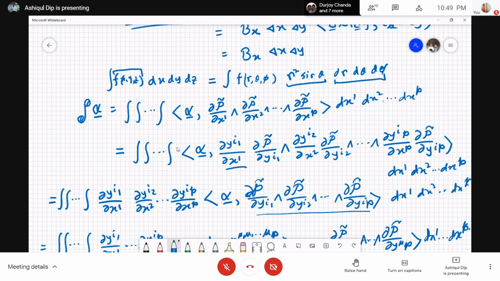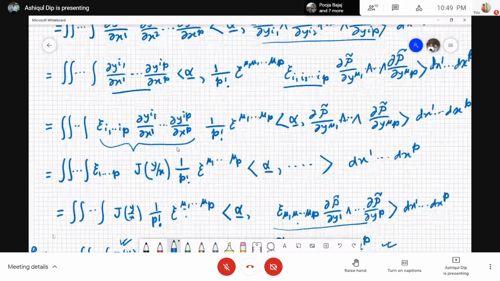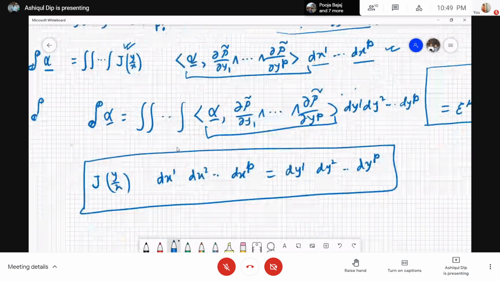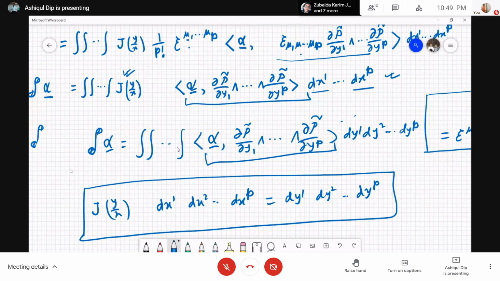So expand the same result in one coordinate and also in the other coordinate, making a change of variable such that the integrands match. Here we have the piercing of alpha, written in terms of the x coordinate, and we expanded it in terms of y.